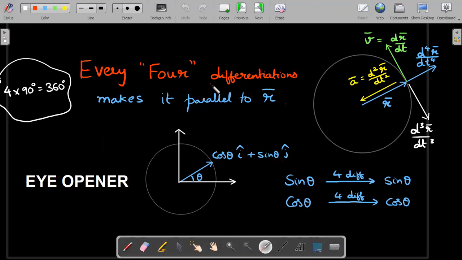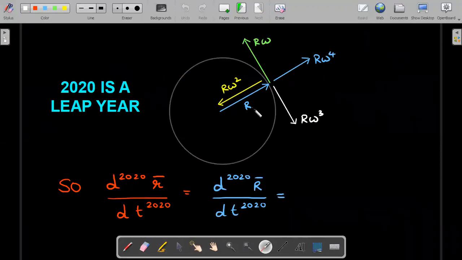So, and we all are fortunate that for this particular set of problems, you have 2020 as a leap year, right? So therefore, every time capital R is differentiated, I think it will produce one 90-degree rotation and throw out one omega. Second time r omega square. That's why we learn centripetal acceleration is r omega square. We stop the learning there, but I think maths keeps propagating from there.